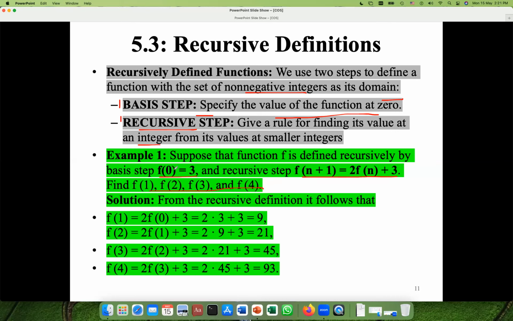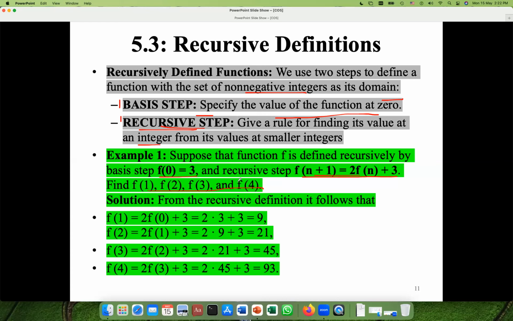This is the basis step, and this is the recursive formula which you have for the recursive step. By using this formula, you can get the values for any integer. Here the question is to find the values for 1, 2, 3, and 4.